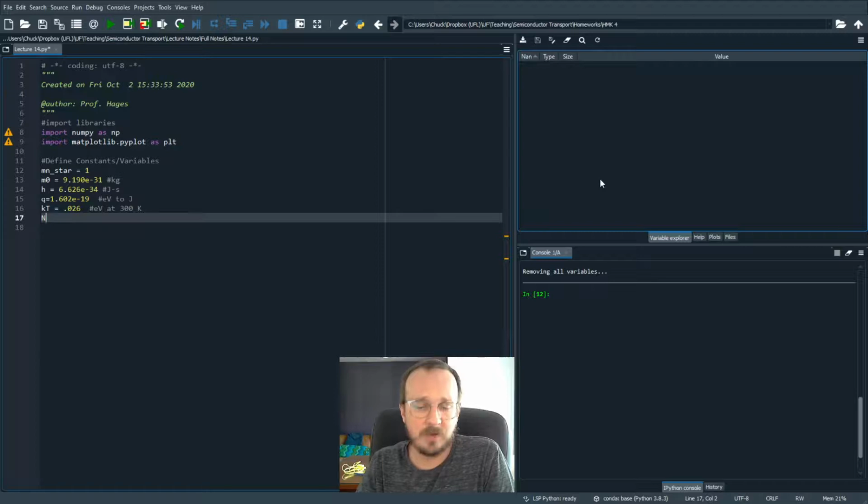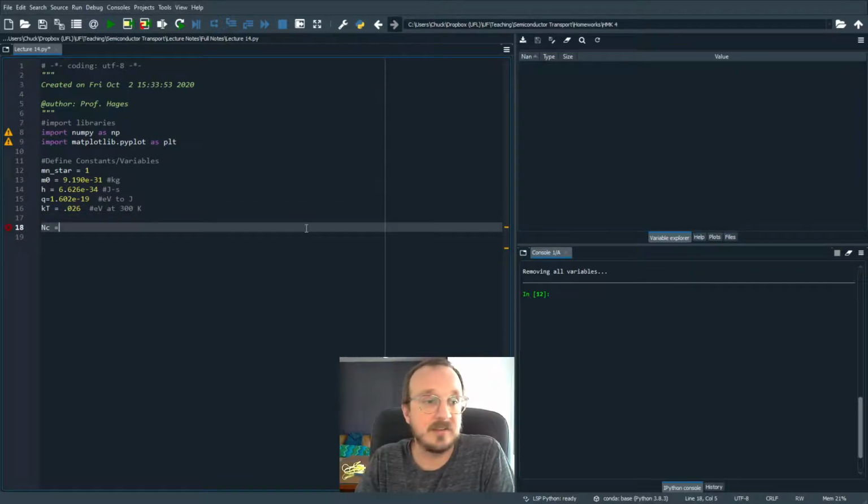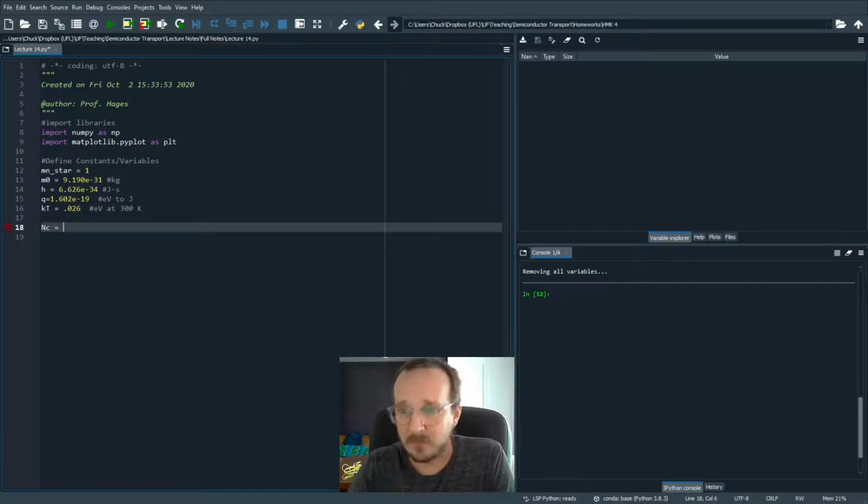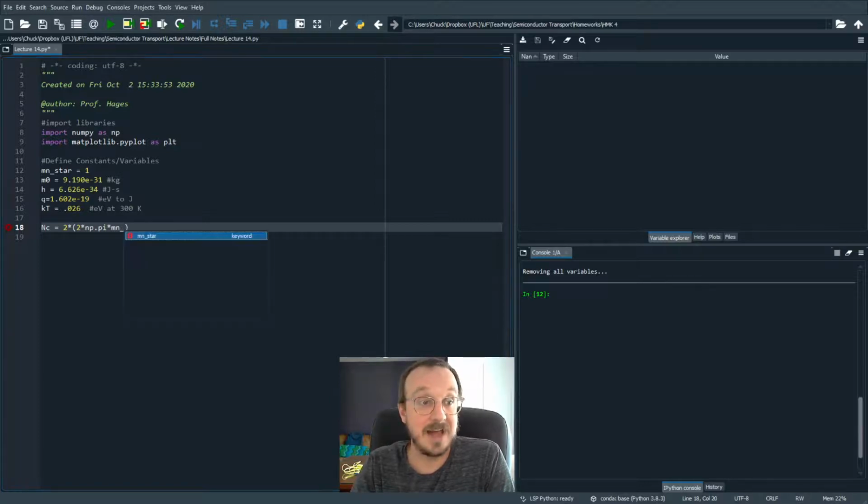And now we want to know our effective density of states. So our effective density of states in C is going to be, if you look back at this equation we just derived, I'll just type it here. It's 2 times the quantity np.pi times the effective mass, so m star.